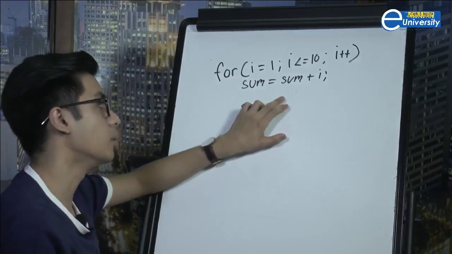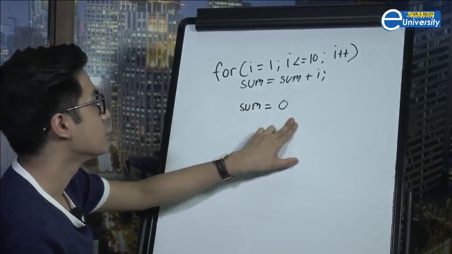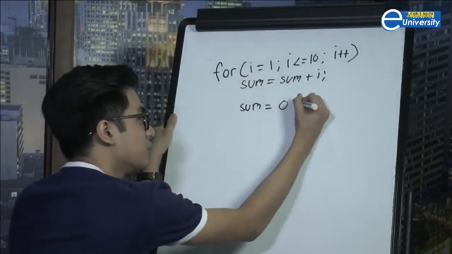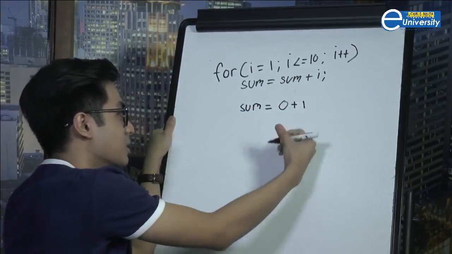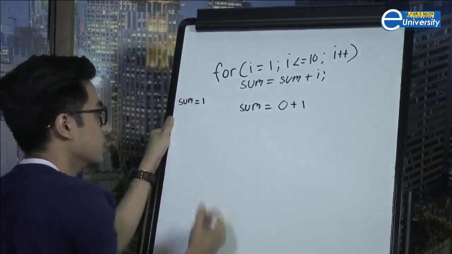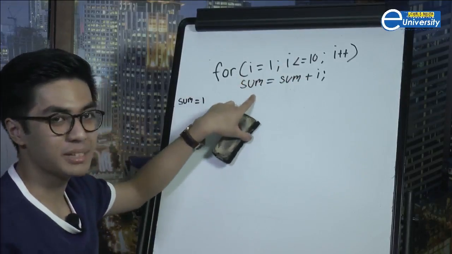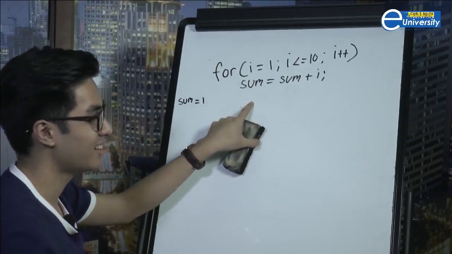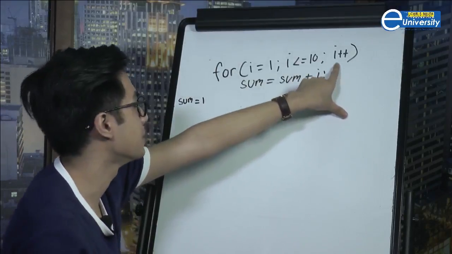Now here, we will put the value of sum, which is 0, plus i. Since we declared i as 1, we should add i to the sum, which is 1. So 0 plus 1 equals 1. So I would put here the value of sum, which is as of now 1. Now, since all the statements inside the for loop have been executed, we should now use this statement, which is the i plus plus.